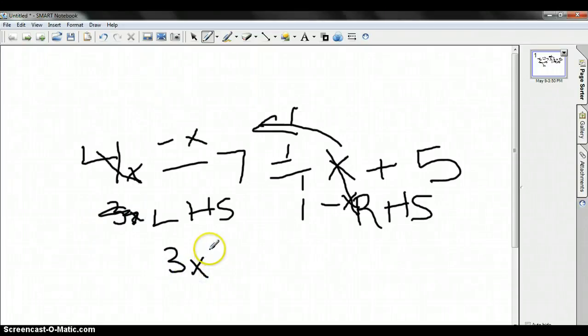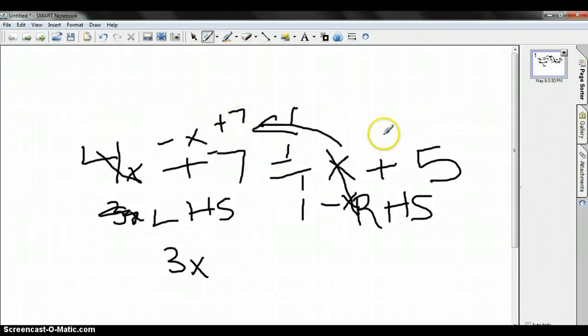And just like we did with the x's, we have to do the same thing to our constants. I'm going to look at my 7 and add the opposite, as we always do. Because that's a negative 7, I'm going to add 7, because I want my constants on my right-hand side.